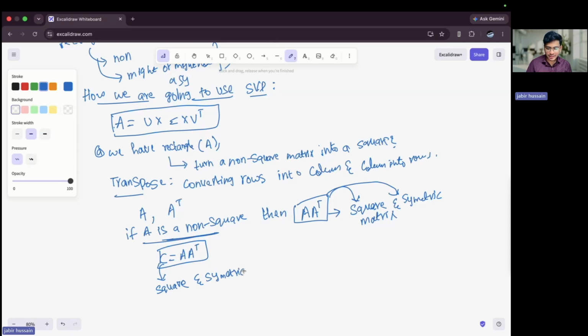My question is, you cannot find eigendecomposition for A, but can you find eigendecomposition for C? We know that when you multiply A A transpose, you get a square, symmetric matrix. When a matrix is square and symmetric, can we find the eigendecomposition? The answer is yes.